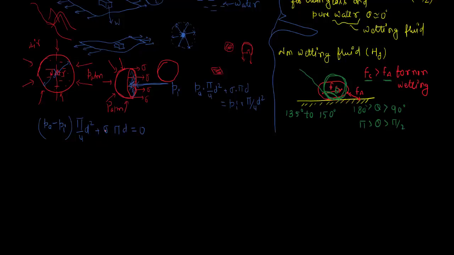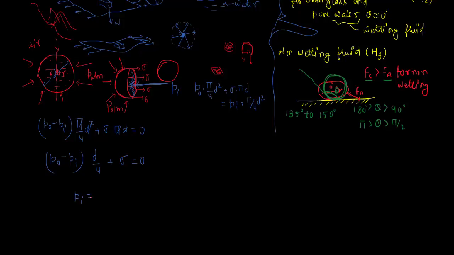Alright, so pi will cancel, d will cancel, so we can say that there is PA minus PI into d by 4, plus sigma equals to 0.